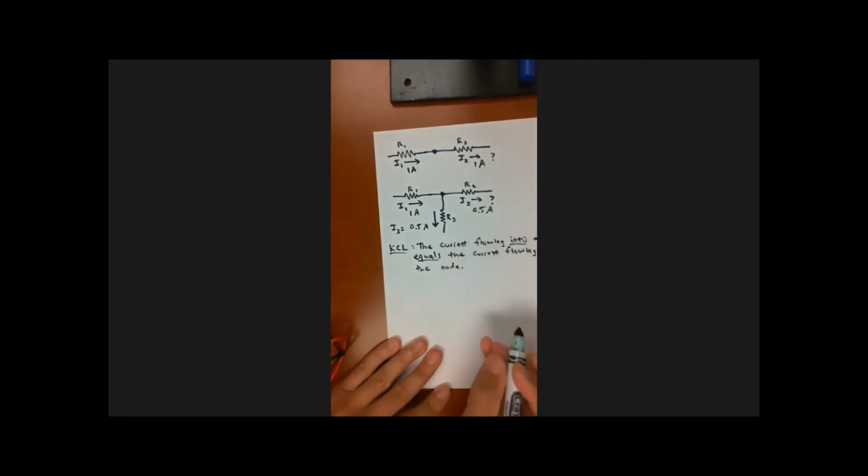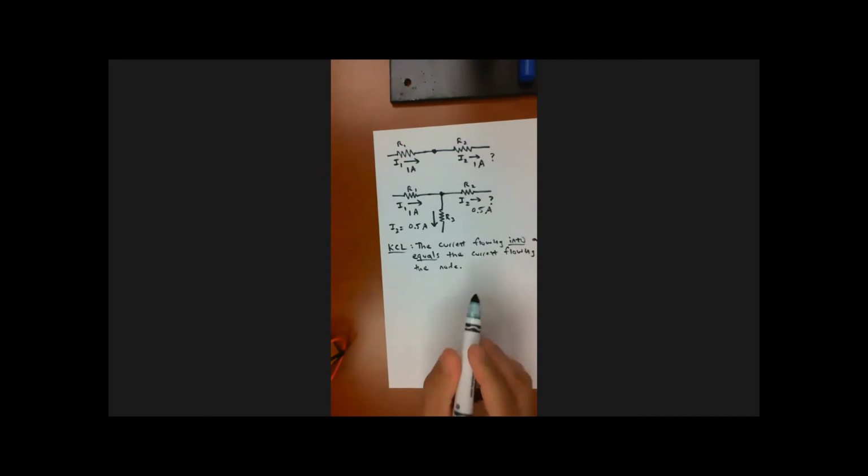All right, so sometimes you'll have several wires with current coming into the node, and sometimes you'll have several wires with current coming out of the node.